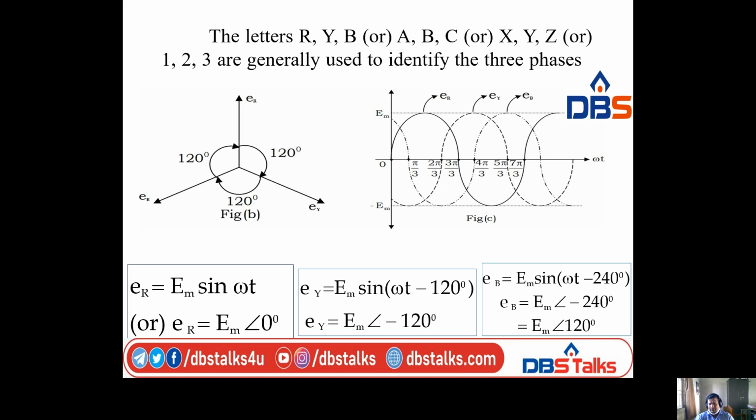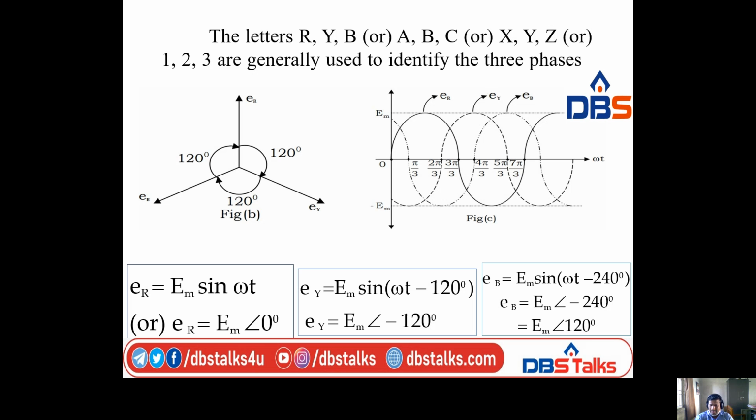From that, 120 degrees is EY, from that 120 degrees is EB, and from that 120 degrees is ER again. That's why I am taking ER as reference. It starts from 0, then 180 degrees and 360 degrees. ER starts at 0 degrees. What about EY? EY starts at 120 degrees.